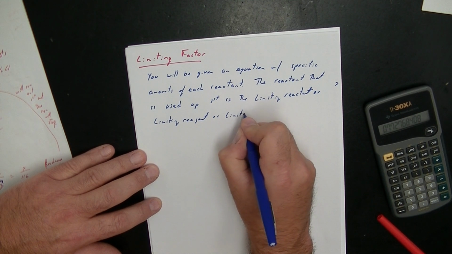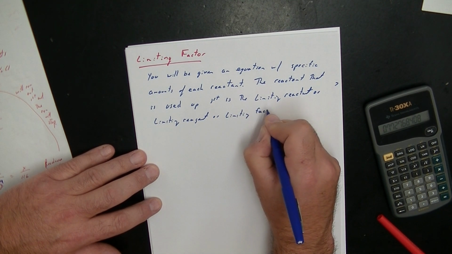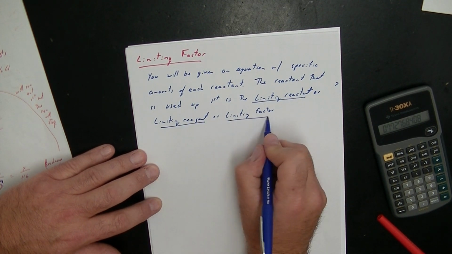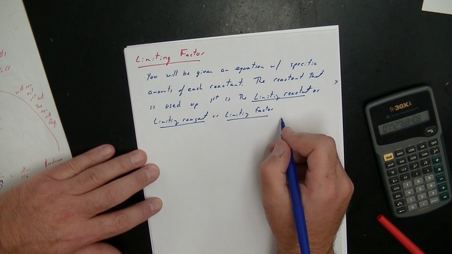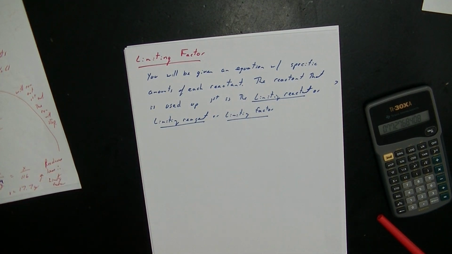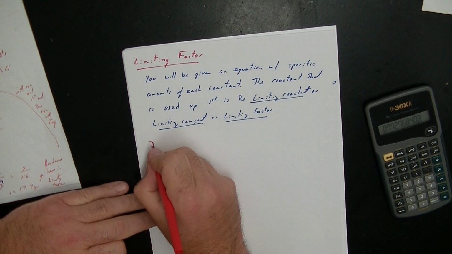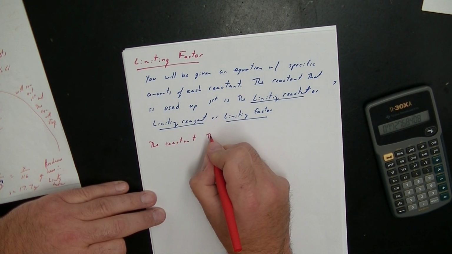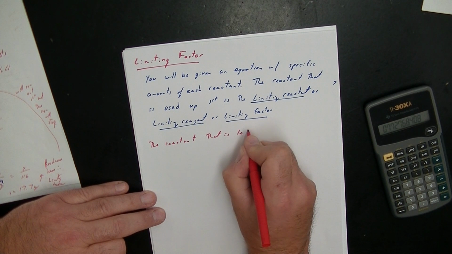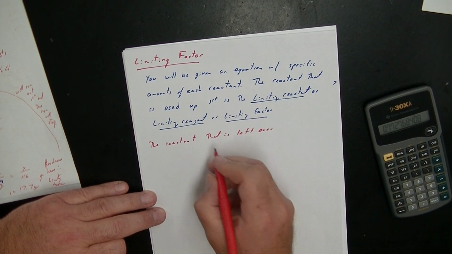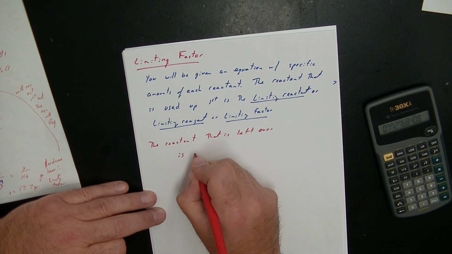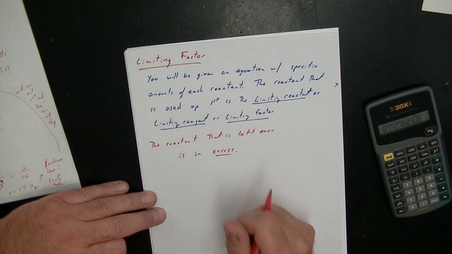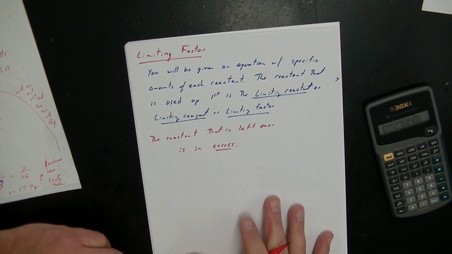It's all the same thing. Limiting reactant, limiting reagent, limiting factor, they're all the same thing. Now the one that has stuff left over is in excess. It's the one in excess. We have extra of it.